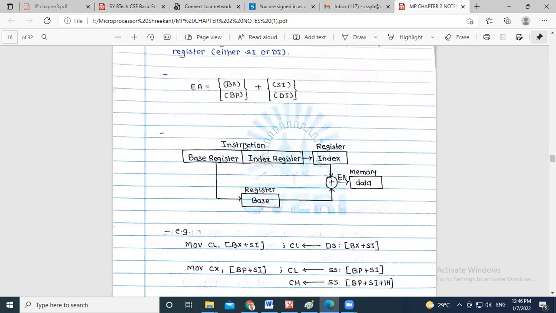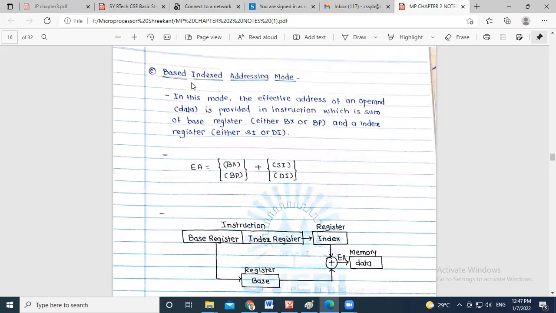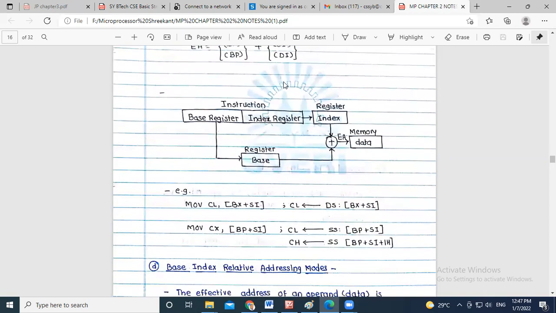How is it? By looking at the instruction, with the base register, index register, and the register at index with the base register. Finally it is collected in the effective address, pointing to the data where it is present in the memory. Very interesting. Okay, that's what we say, it is the based index addressing mode.